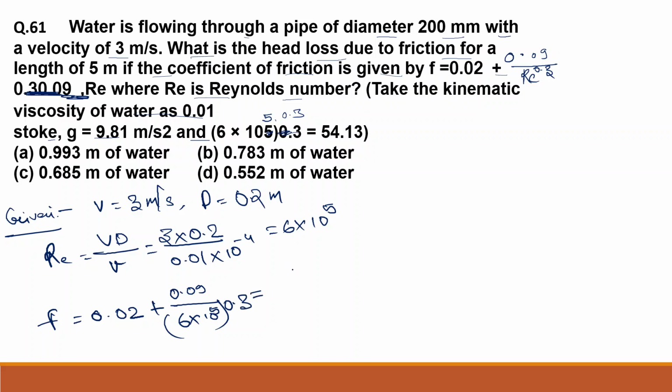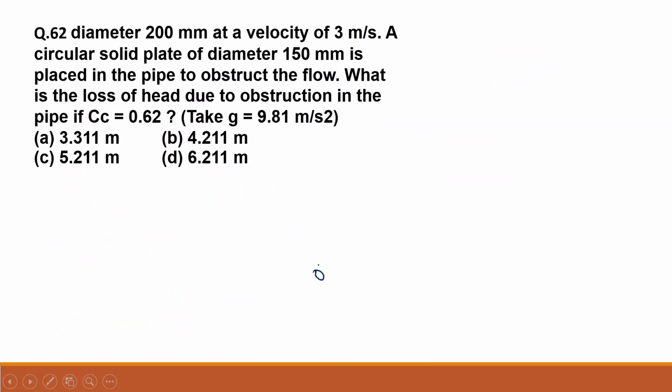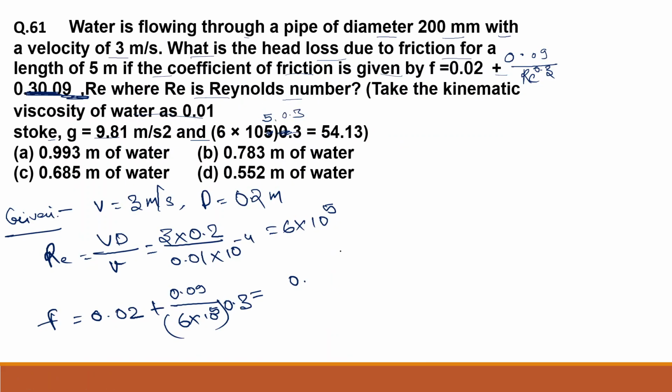By solving this one we get F is equal to 0.02166. We get the value of the coefficient of friction equal to 0.02166. After that we will find out the friction factor.